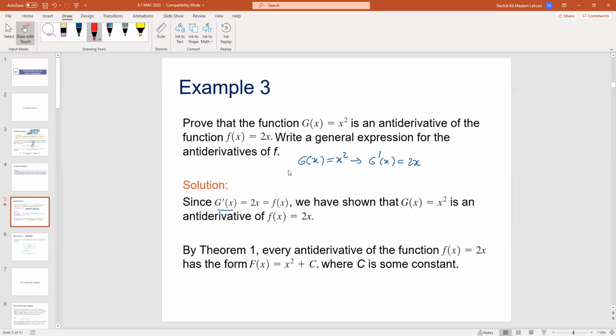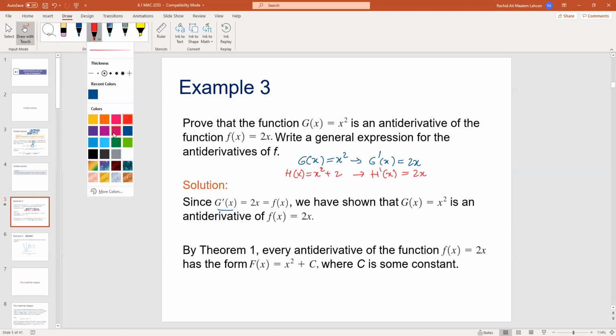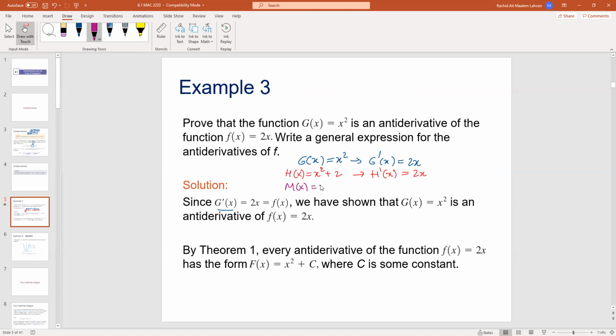If I have another function, let's call it h of x, x squared plus 2, what is the derivative of this one? It's also going to be 2x because the derivative of 2 is 0. If you take another function, x squared minus 5, what is the derivative of m of x?